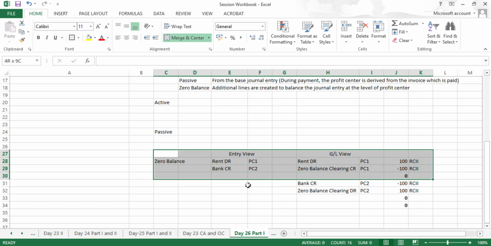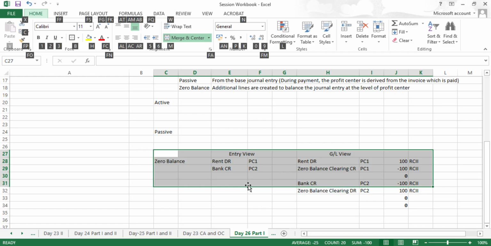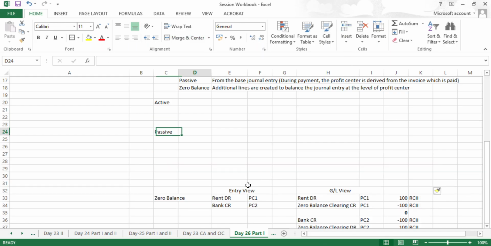Coming to the next example of passive splitting, let's say I have an expense debit and bank credit. In the expense line we have a cost center 1. This cost center has a profit center.